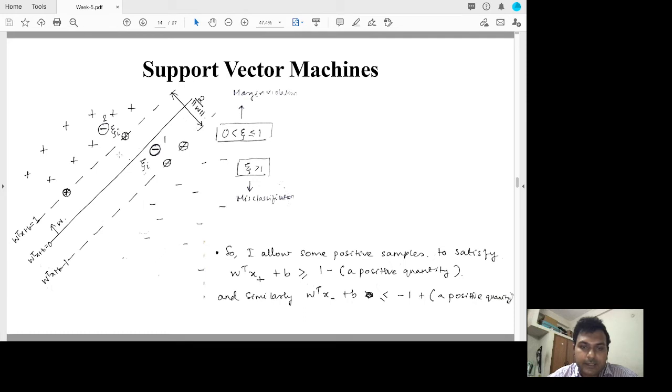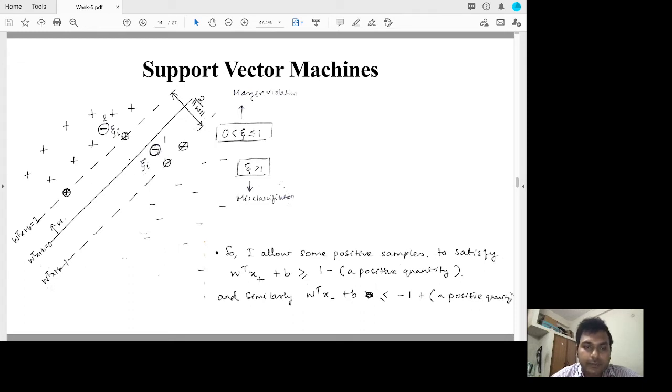It just means that initially I had asked all my positive samples to move to the left of this particular support vector, or this particular line. I had asked all of them to be above this line or to the top left of this line, whatever. Now I am allowing some points to be below this line. How far below, that I don't know, but I allow some of the positive points to come below this line also.